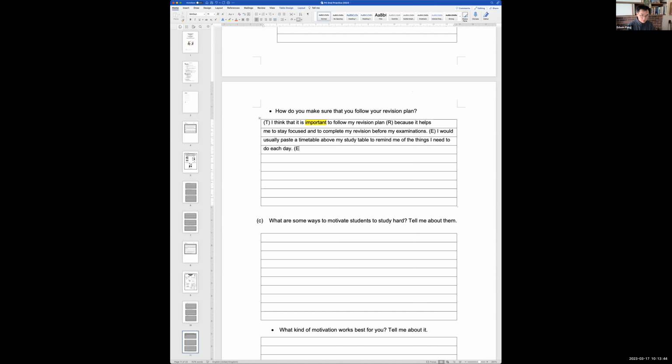Then I'm going to go into my example. Okay, so remember my explanation is how do I make sure I put a timetable above my study table? Okay, in order to remind me of the things I need to do each day. And then my example, right?